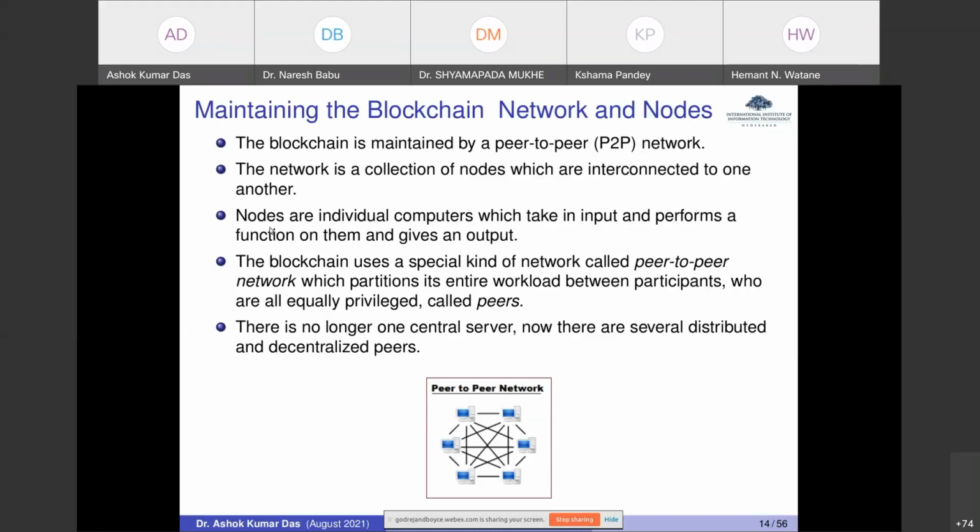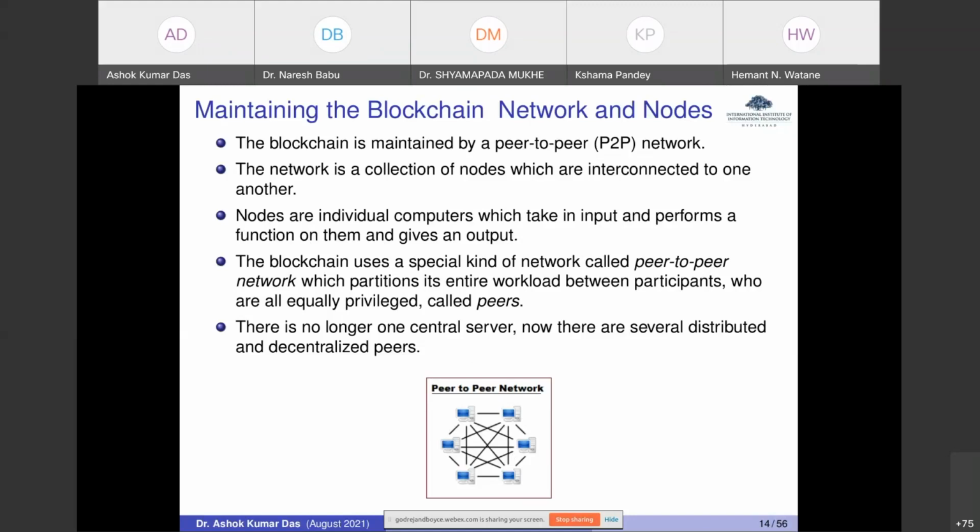Therefore, the nodes in such kind of networks are considered as individual computers, where they take some inputs and execute functions on them. Finally, they produce some output.